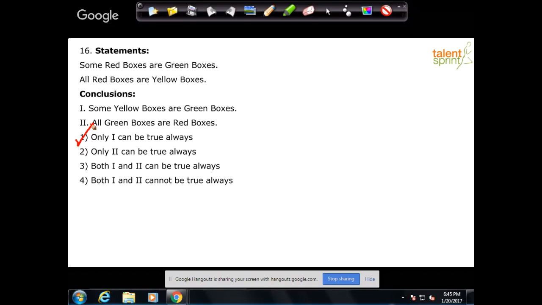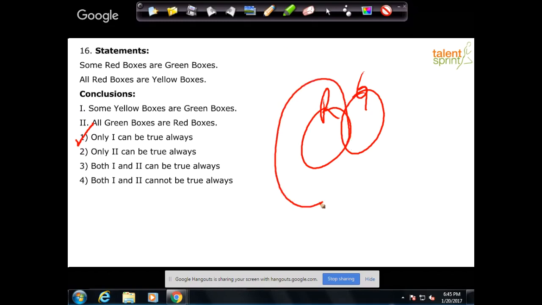Some red boxes are green. Pramod, that is exactly what I'm doing. I'm explaining. Some red boxes are green, which means red and green have some common area. Have you all understood till here that some red boxes are green? Then let's read the second. All red boxes are yellow, meaning that yellow would be the universal set for red.